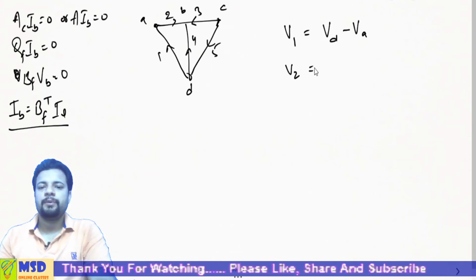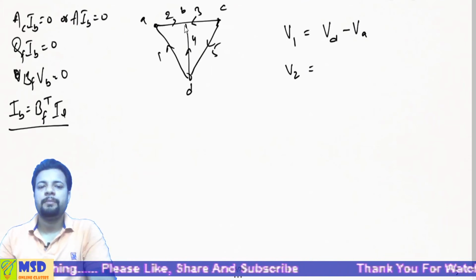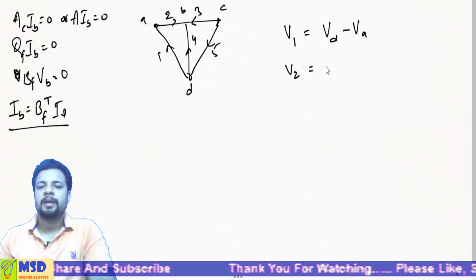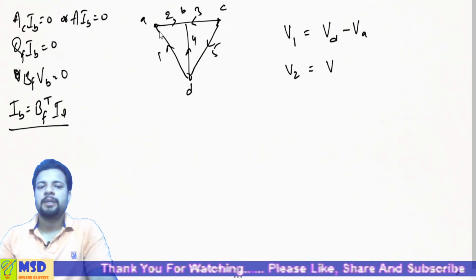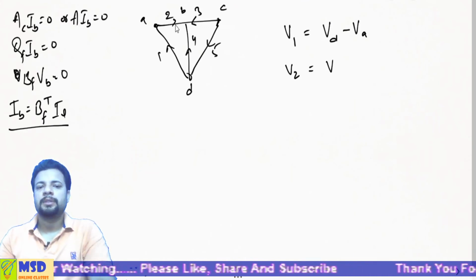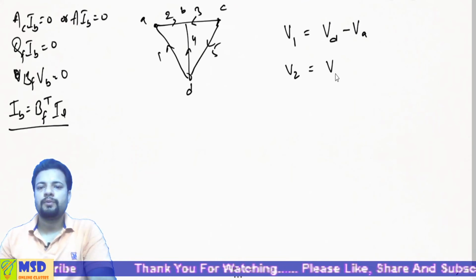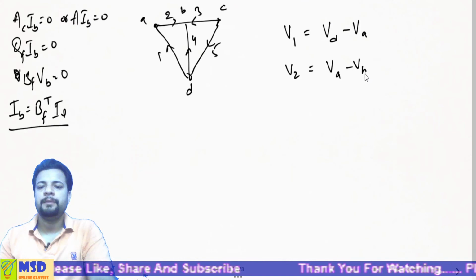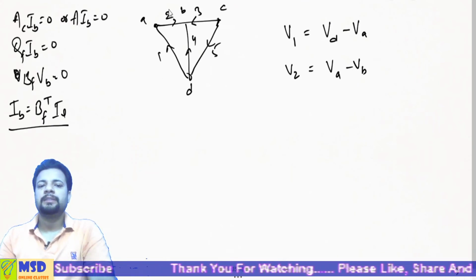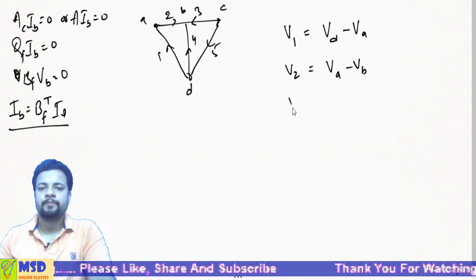Similarly, V2 is a branch connected between A and B, and the potential difference across branch number 2 in terms of node voltage variables is VA minus VB. I have assumed that these nodes are at potentials VA, VB, VC and VD.